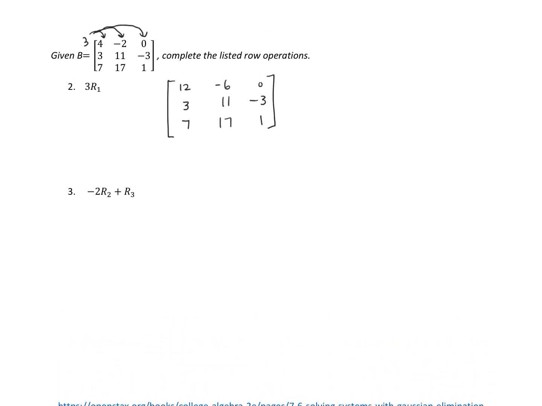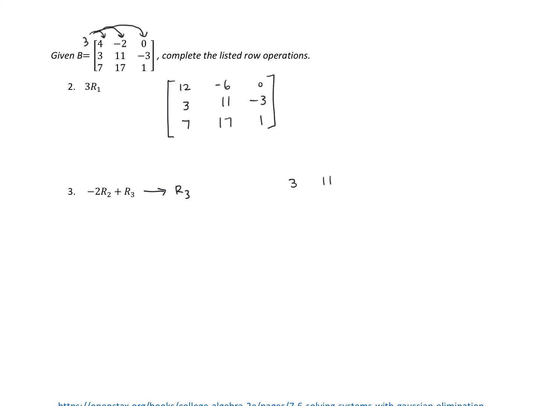All right, so number 3, we want to multiply row 2 by negative 2 and then add that to row 3. Then that result, we want to replace row 3 with that result. Okay, so I should have had that on there. So let us look. Row 2, we want to multiply by negative 2.